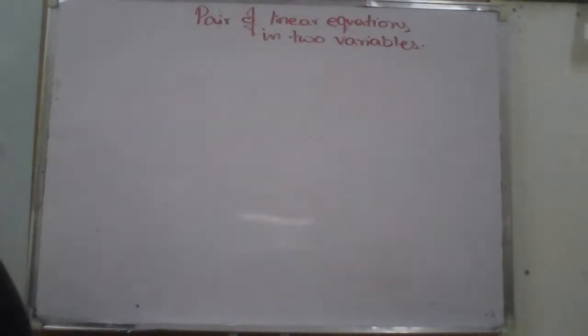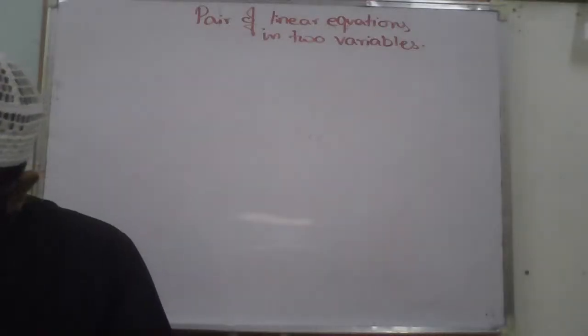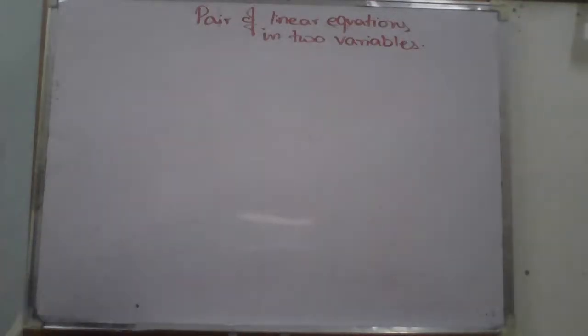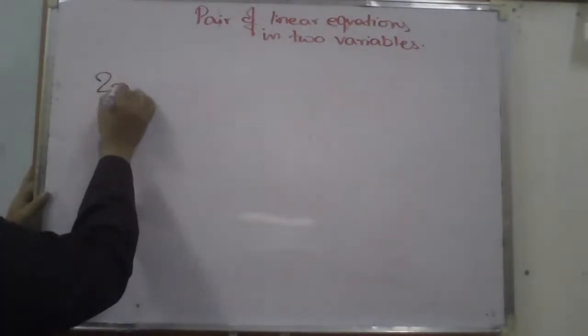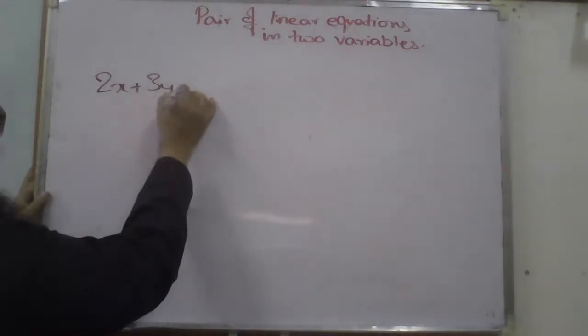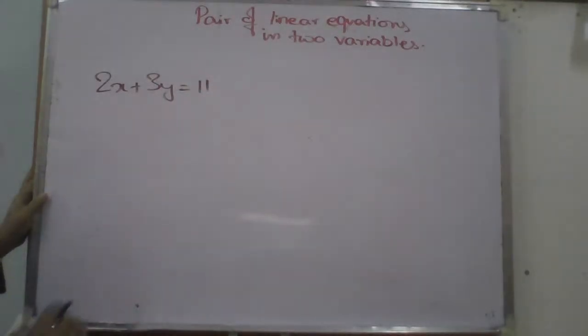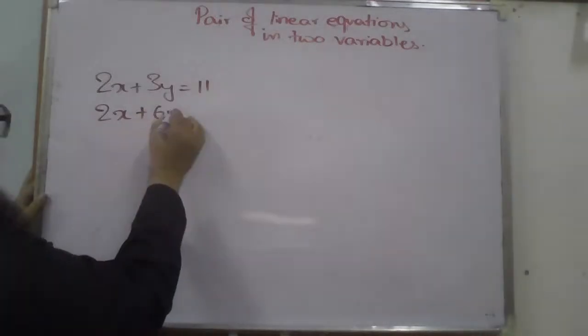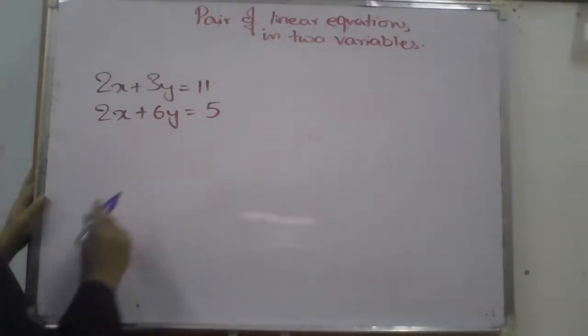So for example, 2x plus 3y is equal to 11, and 2x plus 6y is equal to 5.